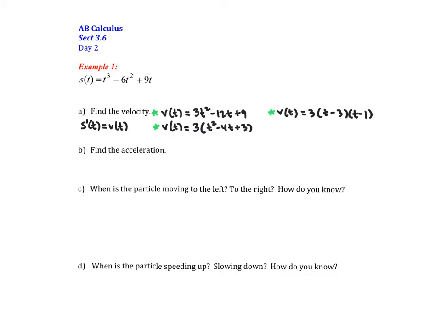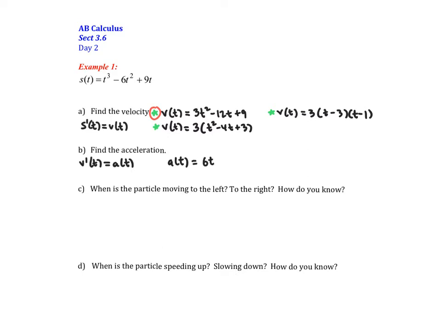Okay, acceleration. Well, acceleration is the derivative of velocity. Therefore, I'd take my first velocity expression and take the derivative of that, and I'll call it a of t. So a of t would be the derivative of this function, all three actually, but it'd be easiest to work with that one.